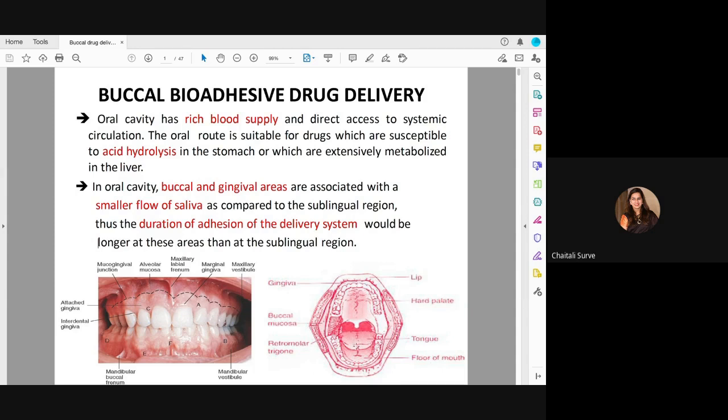Then this is your tongue area. Below this, if you place it, it becomes your sublingual area. And here is your hard palate, that is the hard surface present just above the tongue. Okay, so mostly buccal and gingival areas are explored for this delivery system.